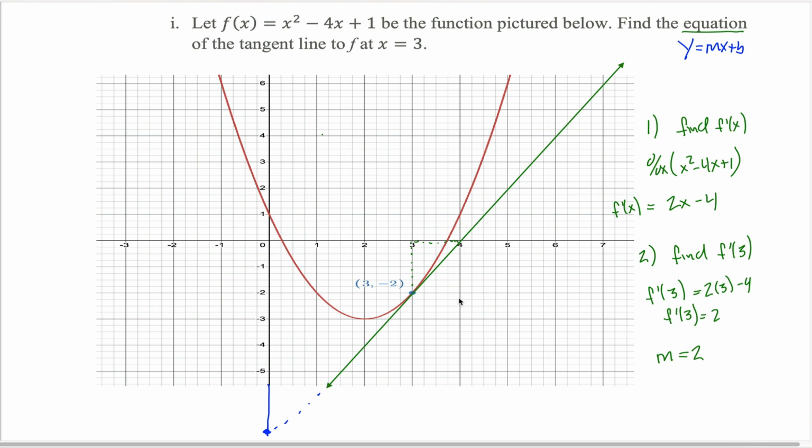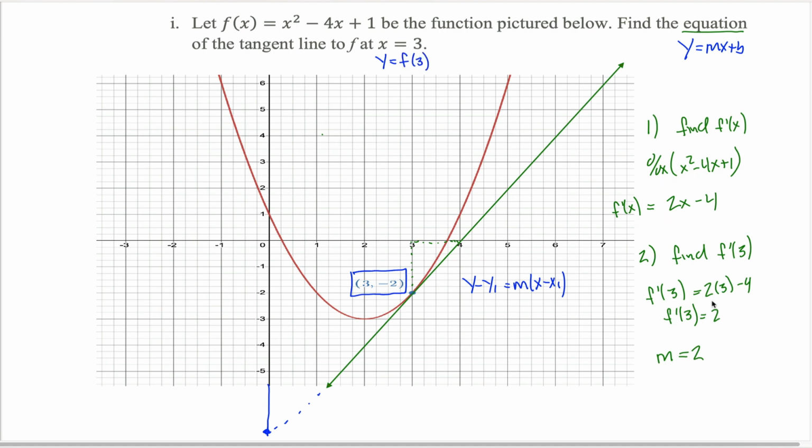One way you can do that is using what's called point-slope form. I think we've already seen that in this class. We do y minus y1 is equal to m times x minus x1, and then we plug in for x1, y1, and m. x1 and y1 is any point on this line. Note that the point (3, negative 2) is given to us, but if that weren't given to us, we have x equals 3 right here, and we could figure out the corresponding y value by just evaluating the function at 3.